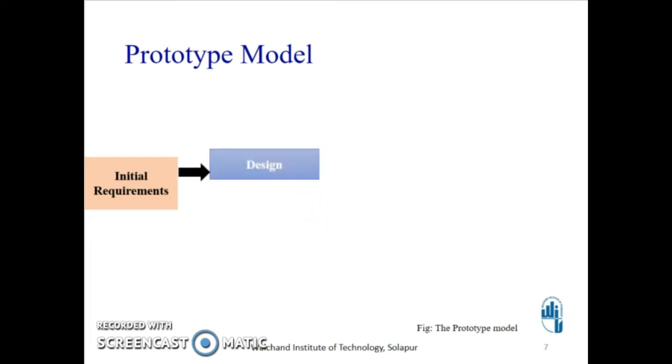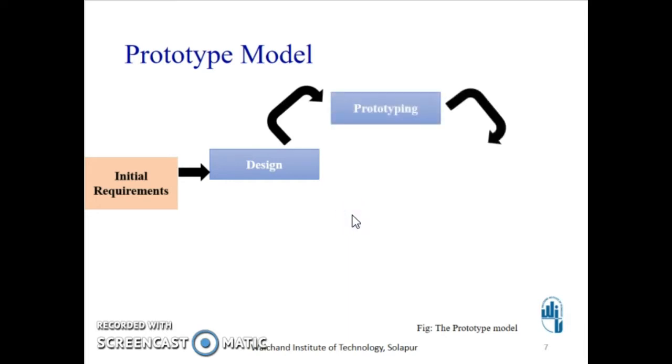A preliminary design is created for the new system and a prototype of the new system is constructed from the preliminary design. This is usually a scaled down system and represents an approximation of the characteristics of the final product.